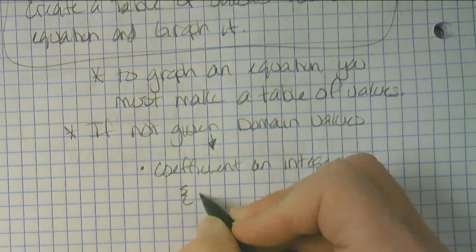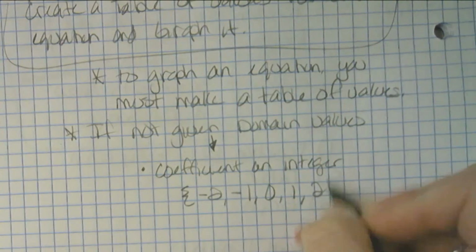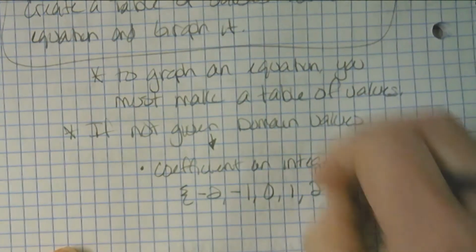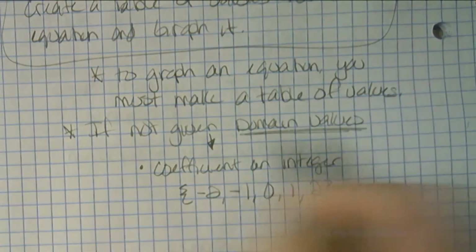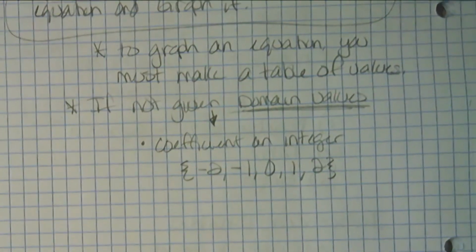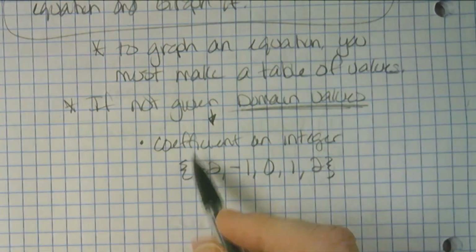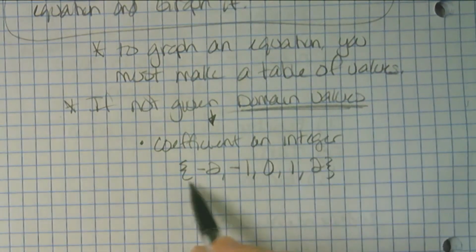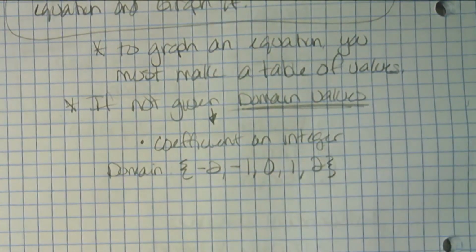You're going to use -2, -1, 0, 1, and 2 as your domain values. Just let me finish, please. If not given domain values, coefficient and integer, these are the values you're using for your domain.